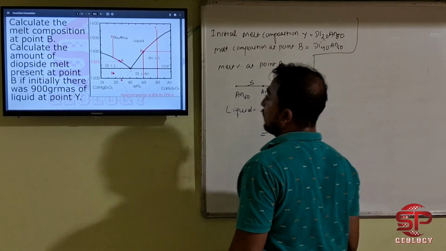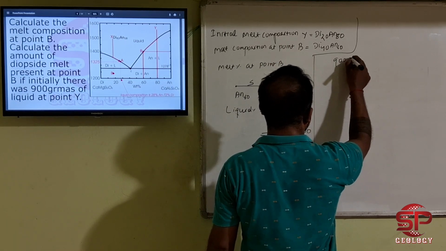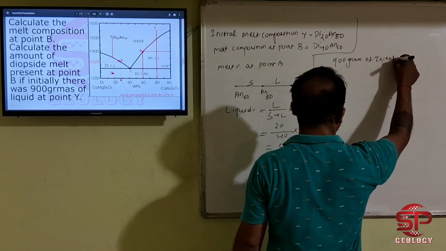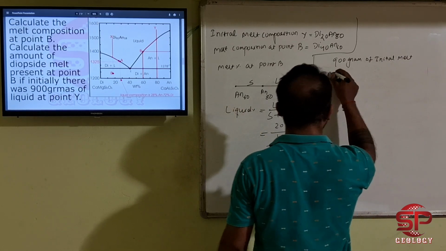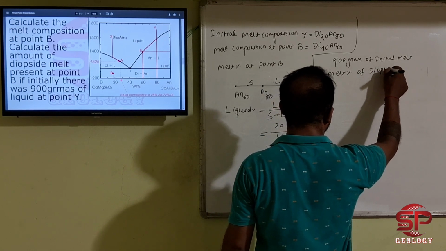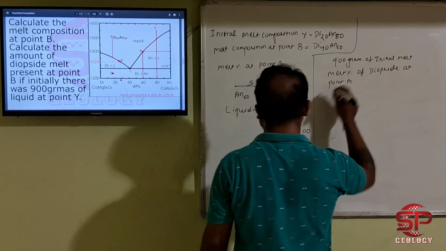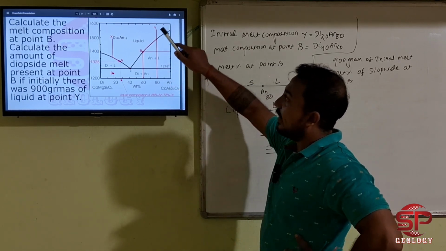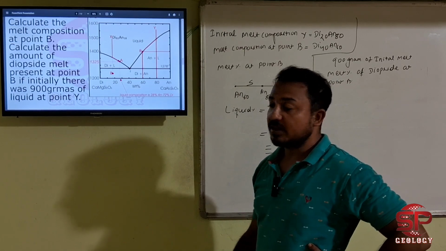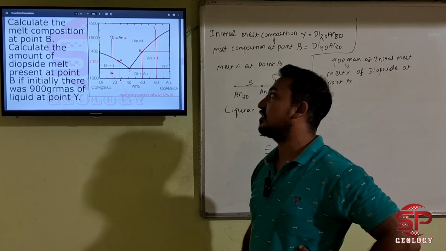Then in the next part, it is given that we have 900 gram of initial melt. So we have to calculate the melt amount of diopside at point B. So for the Y composition, the crystallization will start at this point when it touches the liquidus, and from this point to this point only anorthite will crystallize.